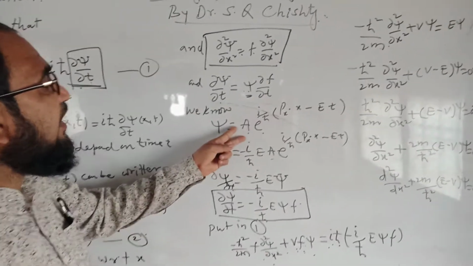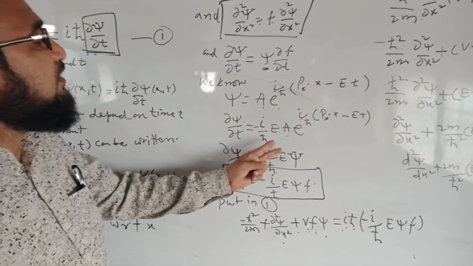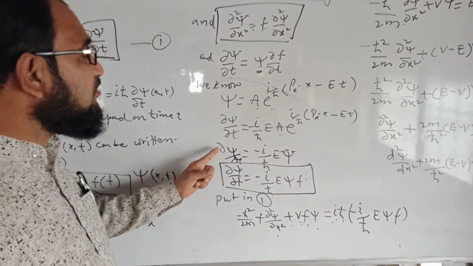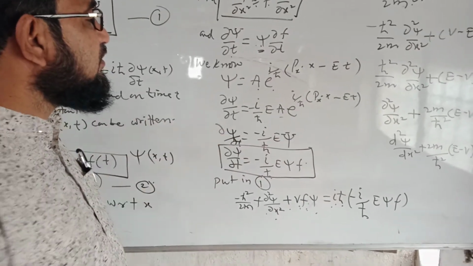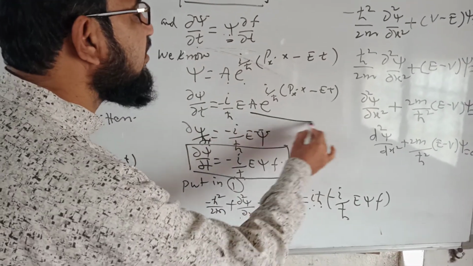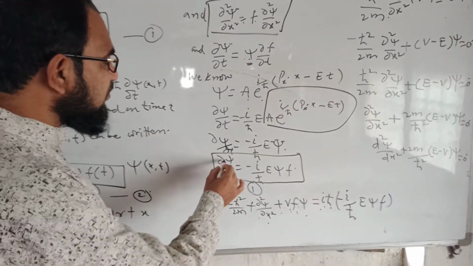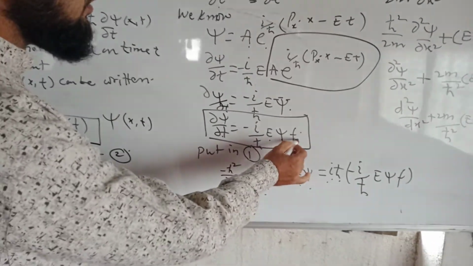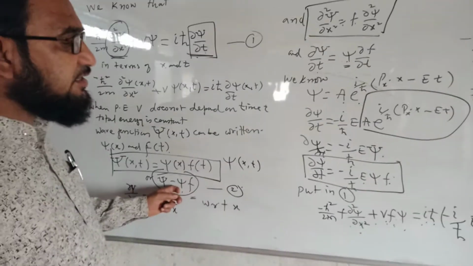If I differentiate it, then ∂ψ/∂t is equal to -i/ħ E times this complete expression, which is ψ. So I am substituting here as ψ. Therefore ∂ψ/∂t is equal to -i/ħ E ψ f, where f is a function.